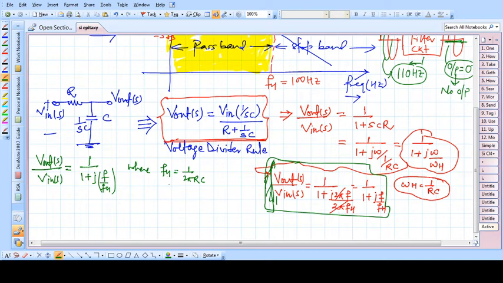If 2 pi fH is 1 by RC, that is nothing but omega H. So this one is the expression.